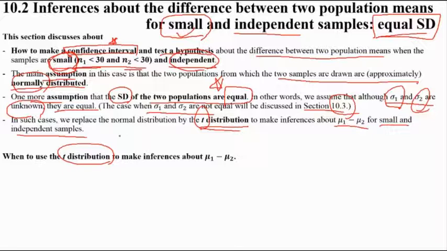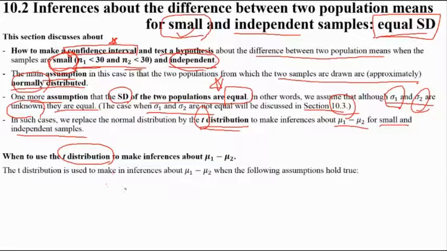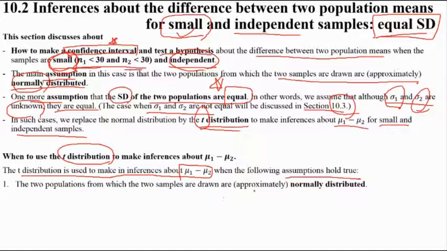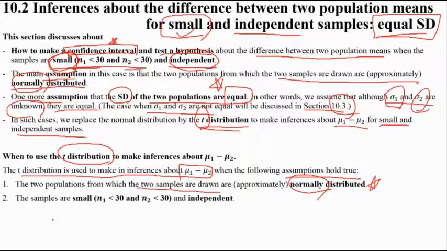Okay, move on. One more time, when do we use the t distribution? I mentioned it before, but just write it down one more time. The t distribution is used to make inference about mu 1 minus mu 2 when the assumptions hold true. The first one is normal distribution, the most important, right? Normal distribution for the samples, with small sample size, and independent.